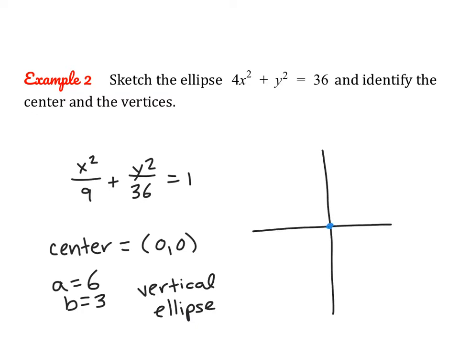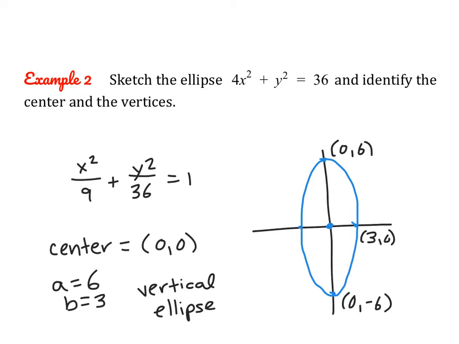And then we would go up 6 and down 6, and then to the right 3, and to the left 3. And this is what our ellipse looks like. So our vertices are going to be at (0, 6) and (0, negative 6), and our minor axis vertices are going to be at (3, 0) and (negative 3, 0).